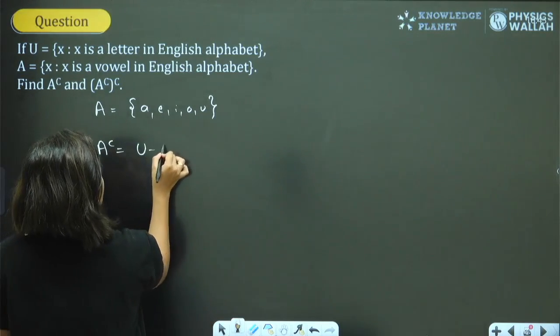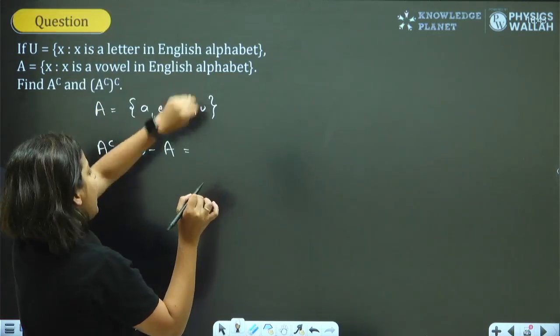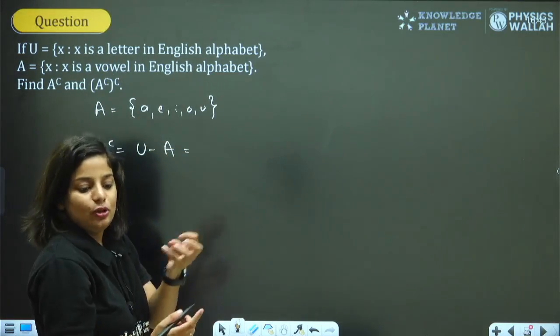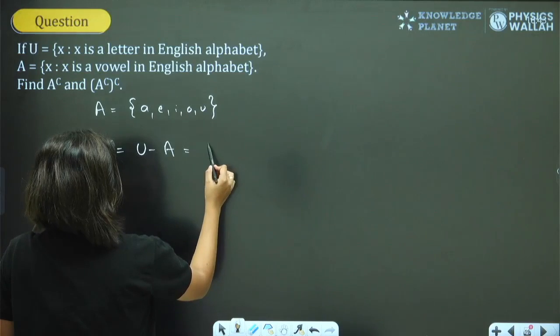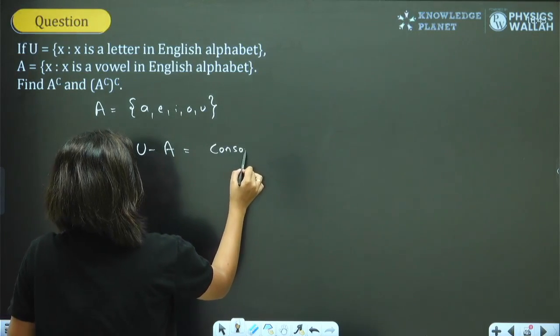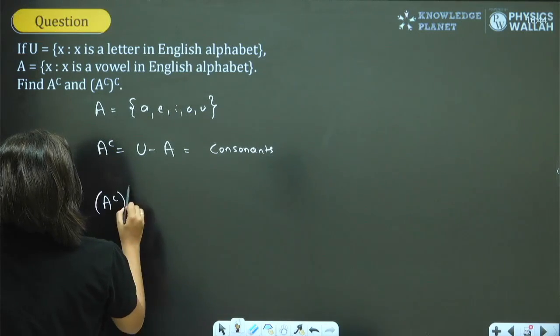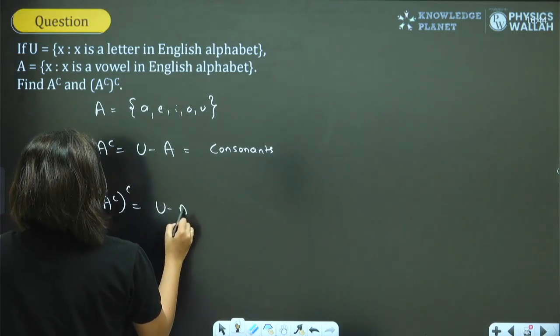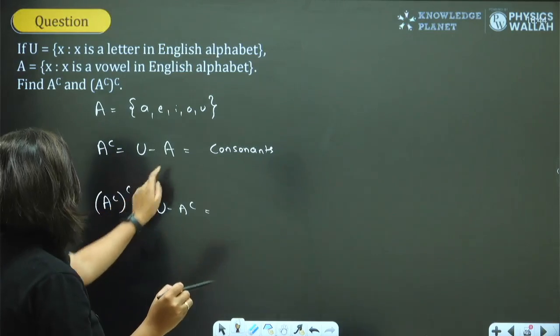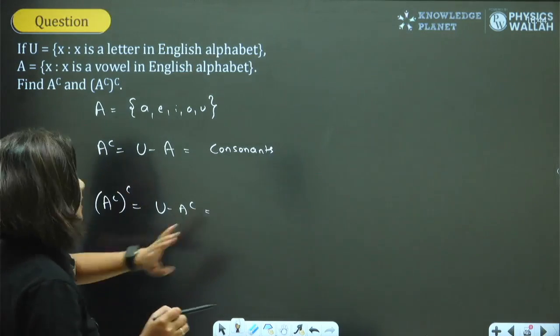Well, what will be A complement? It will be U minus A. So from all the alphabets, if you remove the vowels, you will get all the consonants, right? And again, if I take its complement, that is U minus A complement. A complement is U minus A. So A complement's complement will be U minus A complement.